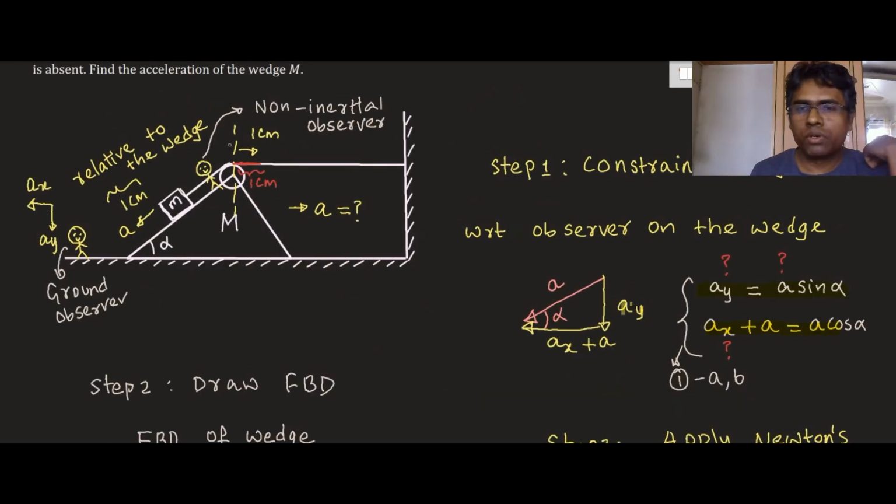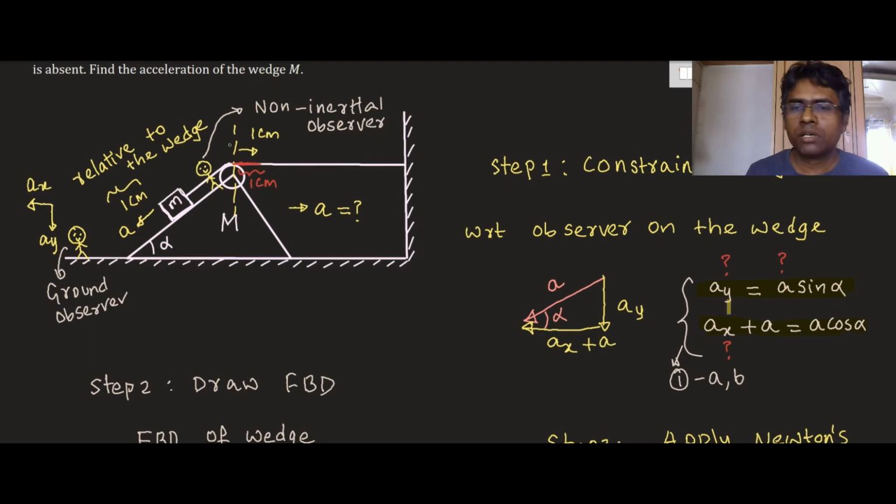Okay, so what I would do next is, I have these relations between the acceleration of the block and the acceleration of the wedge. So I will substitute these in the expressions that we obtained for the normal reaction and the tension, and then write those normal and tension only in terms of the acceleration of the wedge, which is what we're really after.